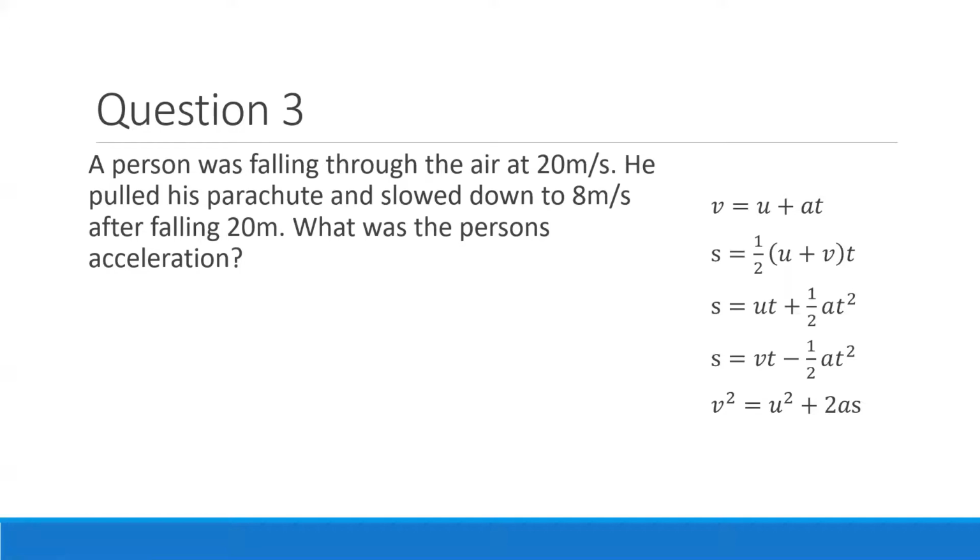What was the person's acceleration? Okay. So firstly, I want you guys to do 2 things. I'm going to give you 2 minutes to do this. I want you to write down all the important information and then choose which formula we're going to use. Go.